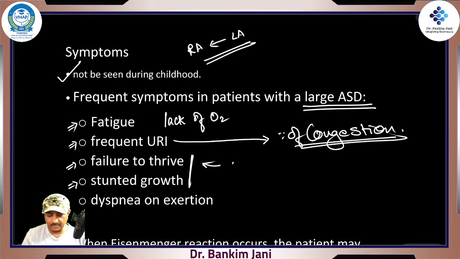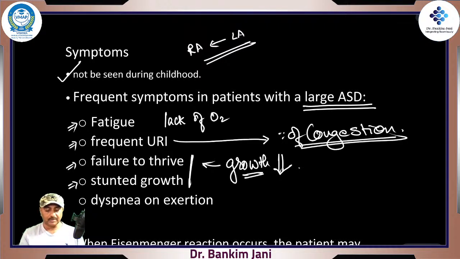As the growth is decreased, that is once again due to the lack of oxygen. Mixed blood is going on, and same thing, dyspnea, breathlessness on exertion. The small amount of oxygen that is coming is sufficient for the routine work, but as things develop, or in case of exertion, the person will be breathless, right? These are the classical symptoms which develop in case of large ASD, right?